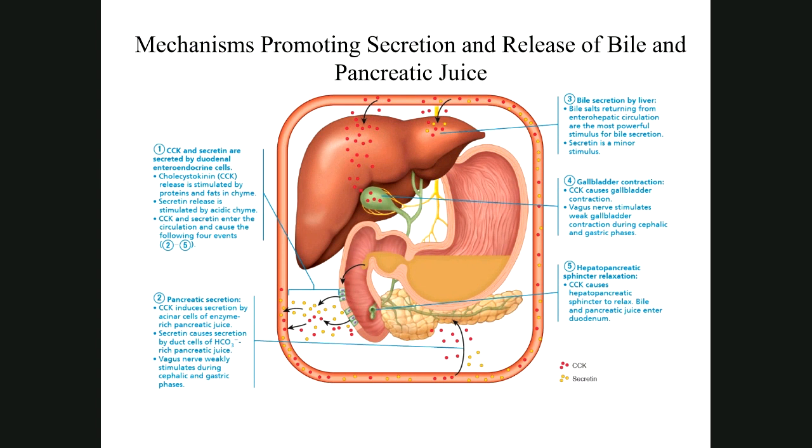What is red is the CCK, and what is lime over here, that's the secretin. That's the stomach, duodenum, pancreas, liver, gallbladder. The gallbladder is a thin-walled muscular sac on the ventral surface of the liver, as you can see. Its function is to store and concentrate the bile by absorbing water and ions.